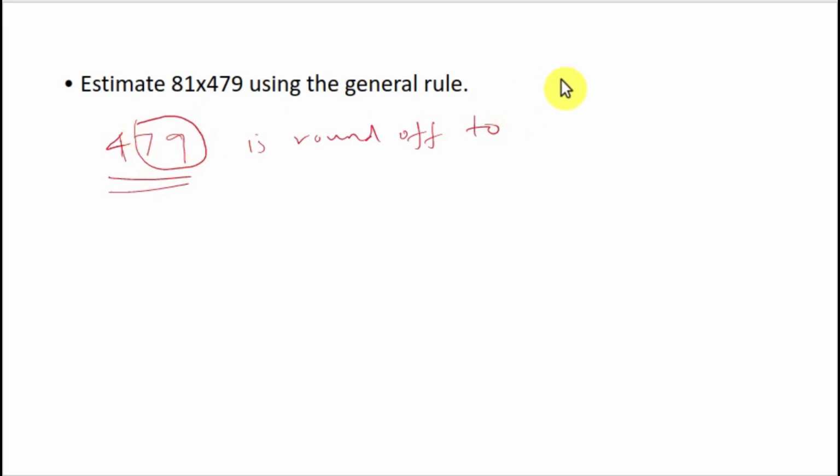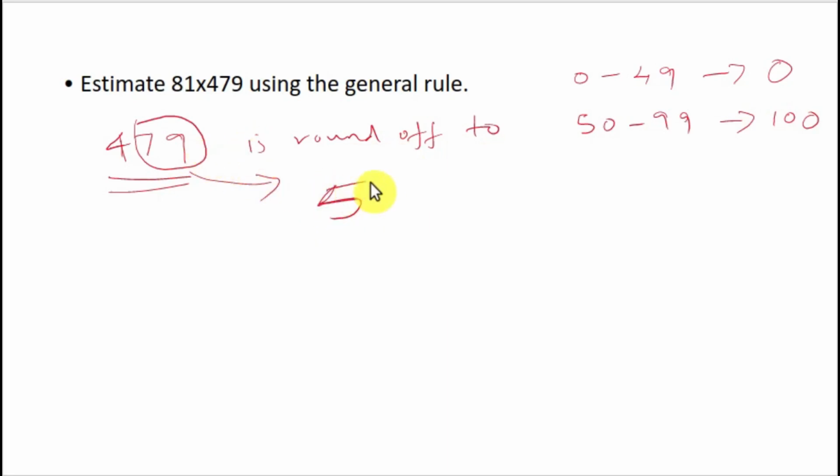As per the general rule, 0 to 49 is close to 0 and 50 to 99 is close to 100. So 479 is rounded off to 500.